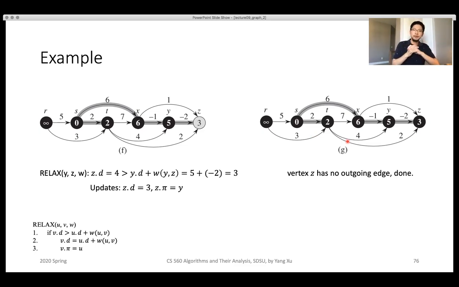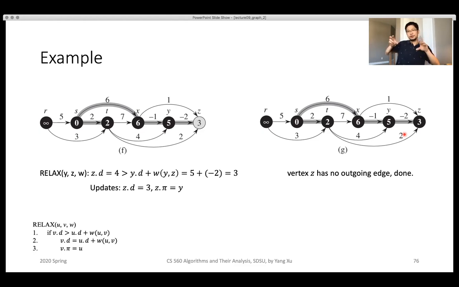Okay, so far the results are pretty good, and the resulting highlighted edges show the shortest path tree. Now within all the nodes, rather than infinity, we have 0, 2, 6, 5, 3. These numbers are just the shortest path weights.